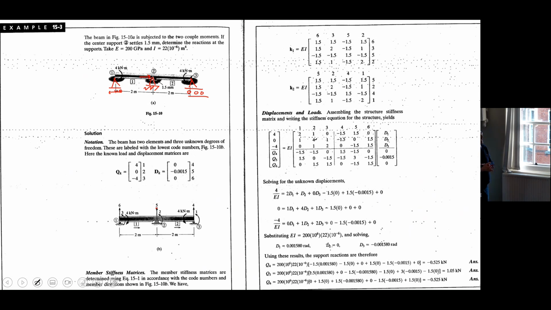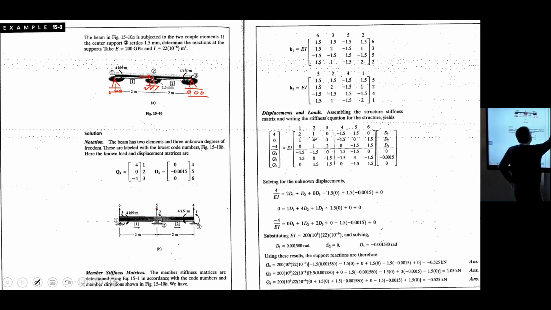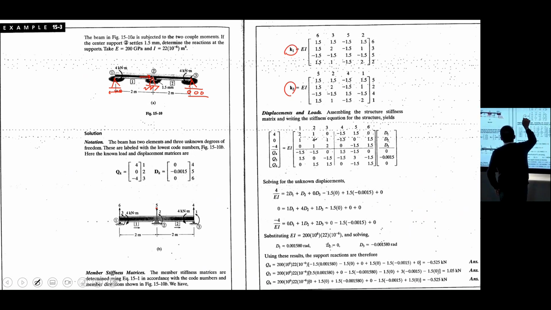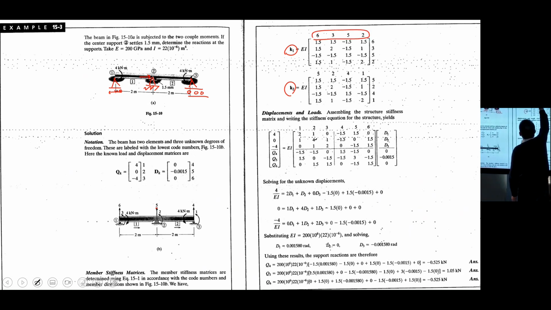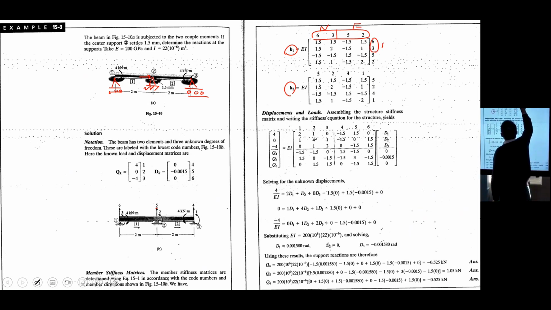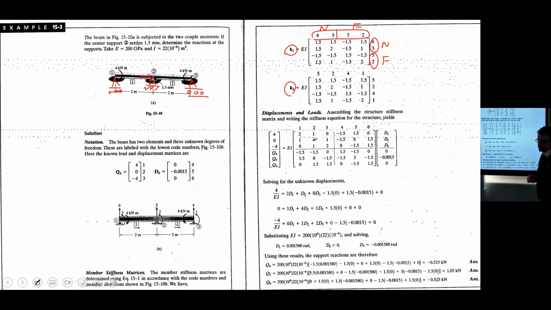So again, if we follow the first slide, we can come up with K1 and K2 individually for elements number 1 and 2. Keep in mind what these are: the first two are near end, the next two are far end.